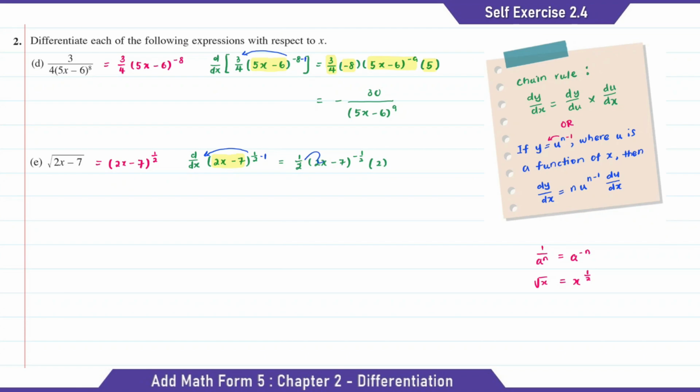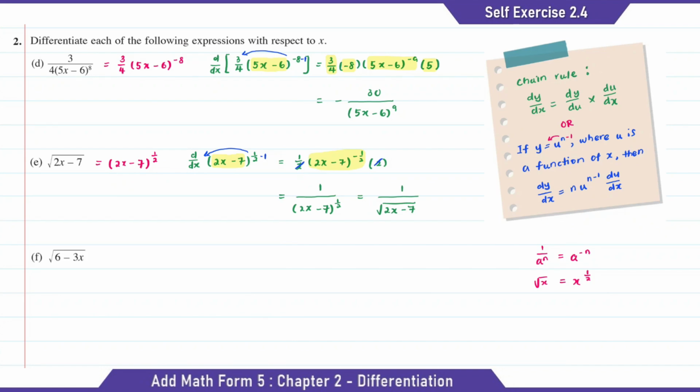So when 1 over 2 times 2, the answer is equal to 1. Then we're going to write this power in positive form. Then this is equal to 1 over bracket 2x minus 7 to the power of 1 over 2. So this is the same as 1 over square root 2x minus 7.